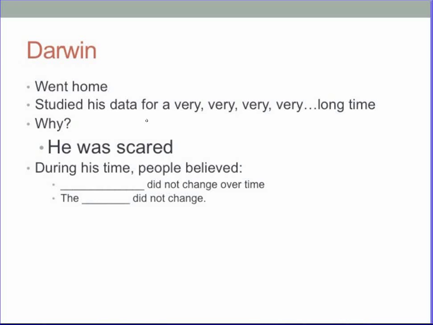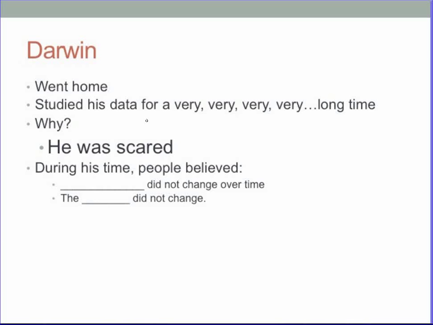So after he made all of his observations and collected all of his data, Darwin went home and he studied his data for a very, very long time. And the reason for this was because he was scared. During his time, they firmly believed that organisms did not change over time. And they also believed that the earth did not change.